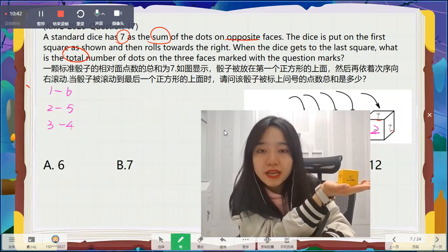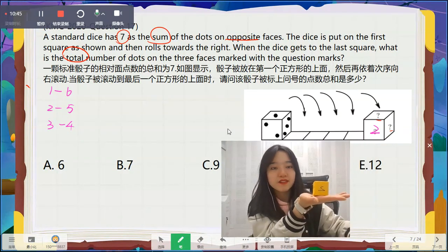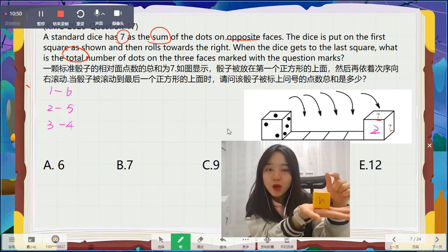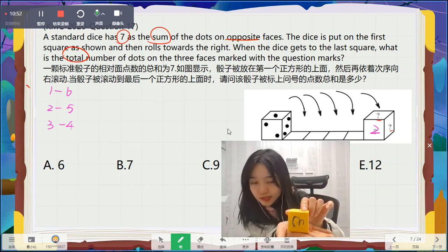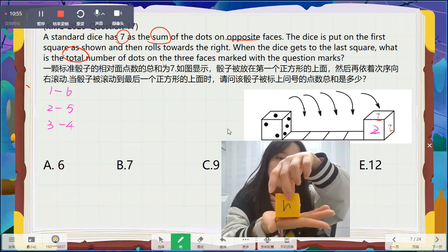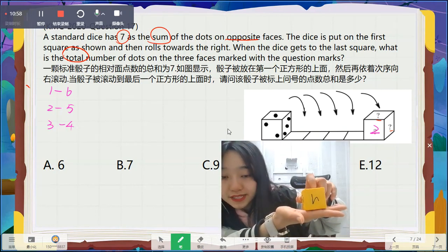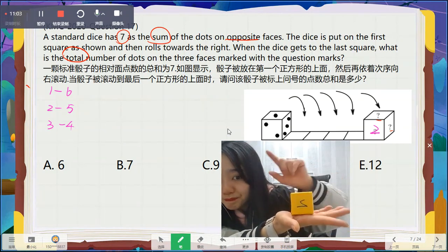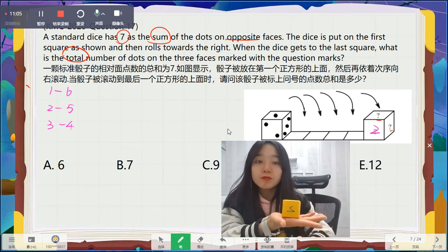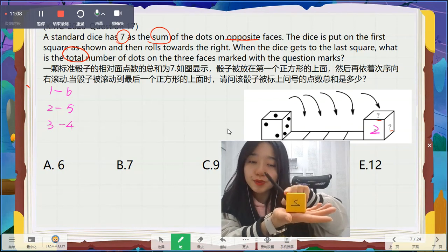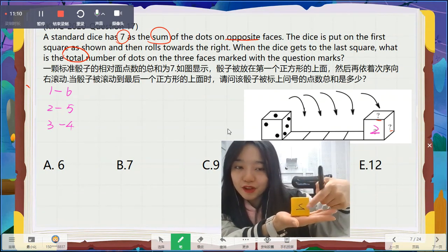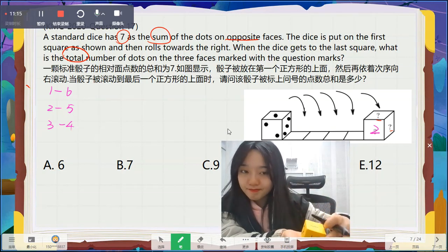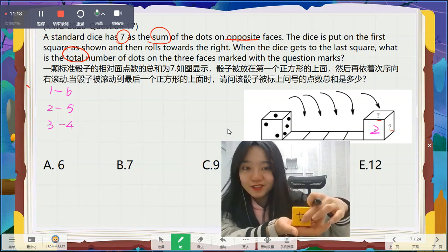When we rotate this square, at first 2 is in front, 1 is on top, 3 is on the right. After we rotate it for the first time, 3 will be the bottom face. The point is we always want to know the right face, the front face and the top face. So which one will become right? At first, 1 is on top.